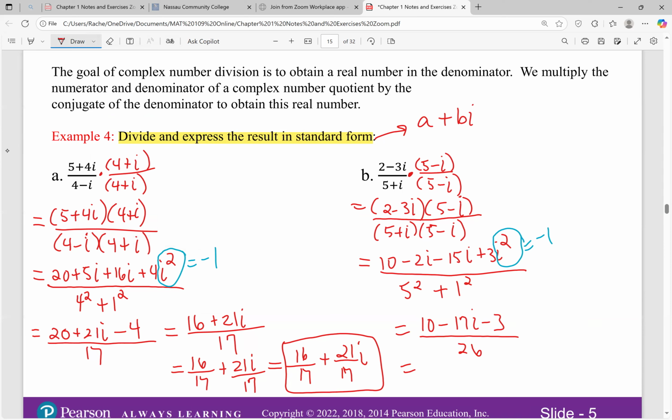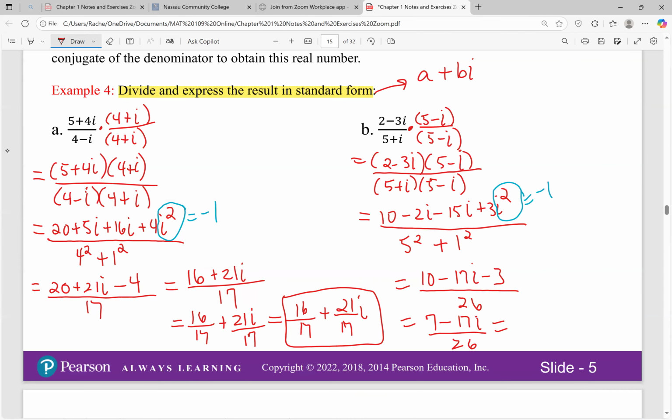10 minus 3 in the numerator is going to be 7. So we have 7 minus 17I over 26. And if I want to write that in standard form, I'm going to divide both parts of the numerator by 26.